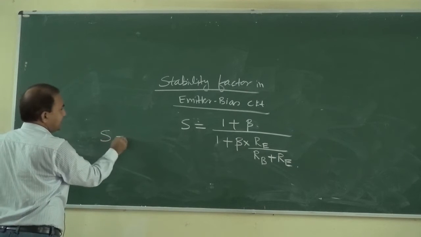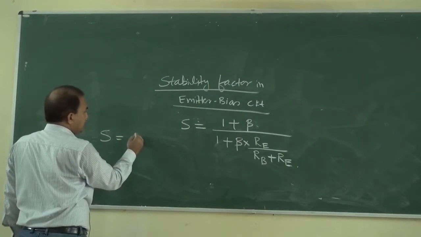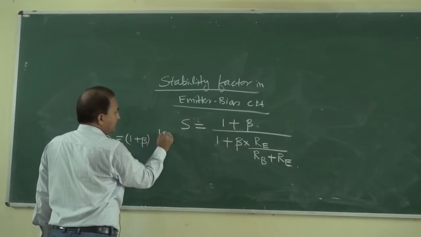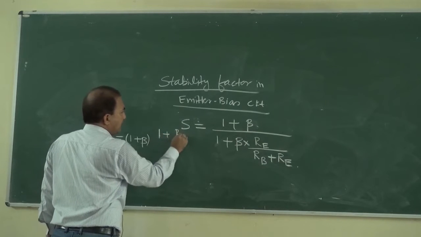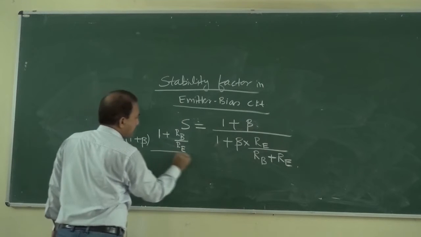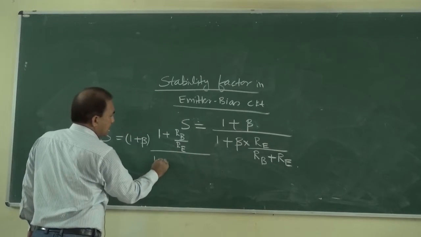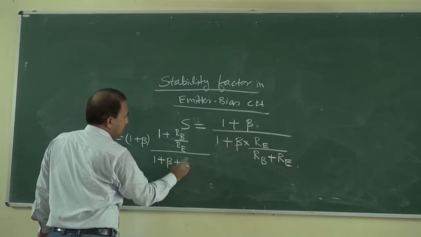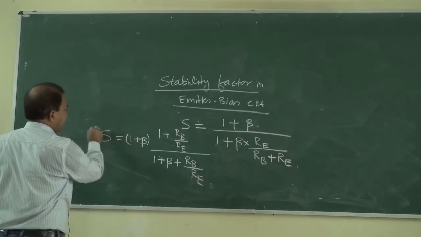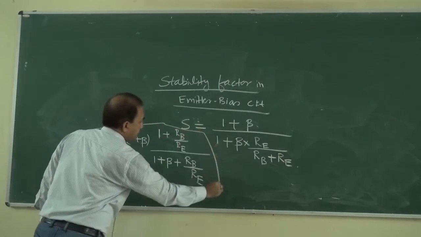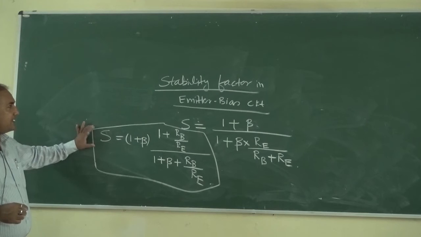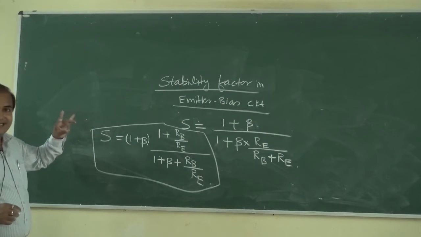We can write this as S equal to (1 plus beta) divided by (1 plus beta plus RB divided by RE). Okay, so this is the expression of stability factor in case of emitter bias circuit.